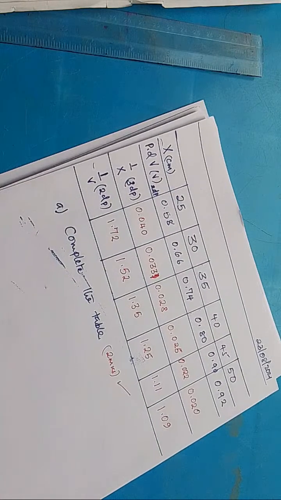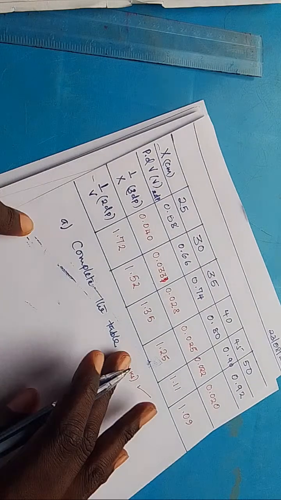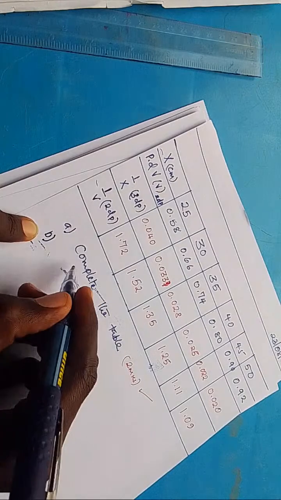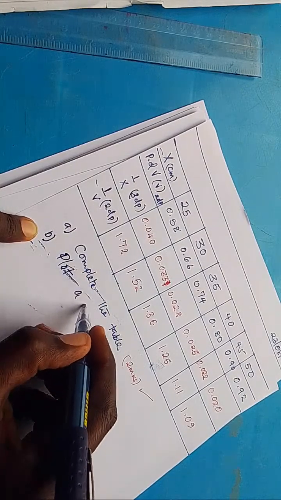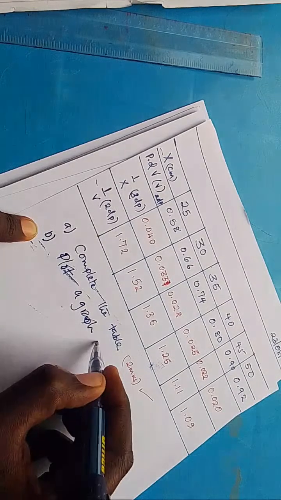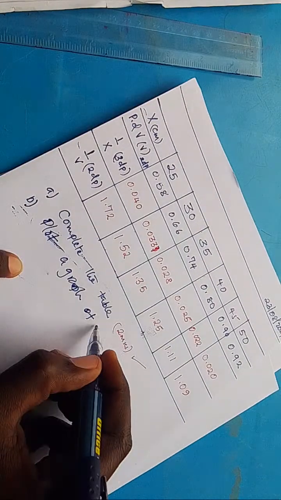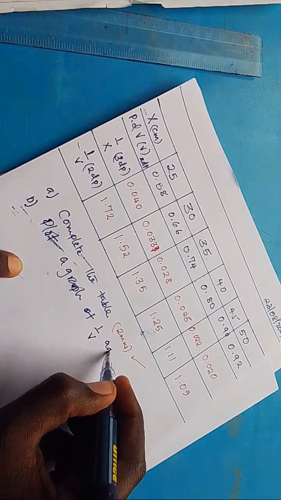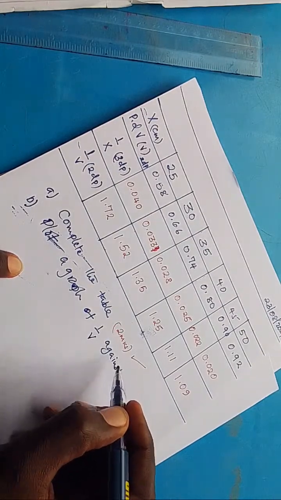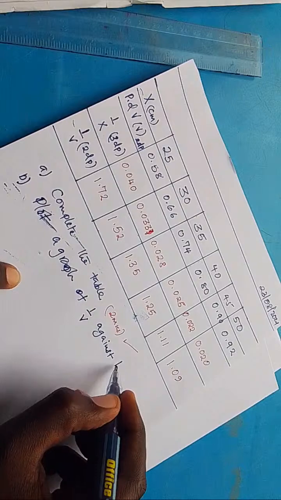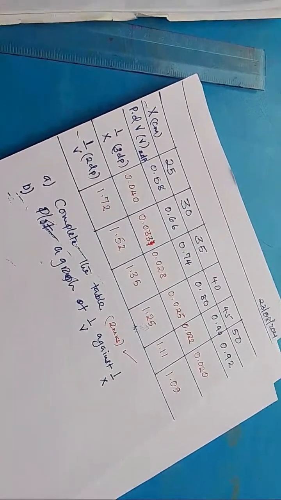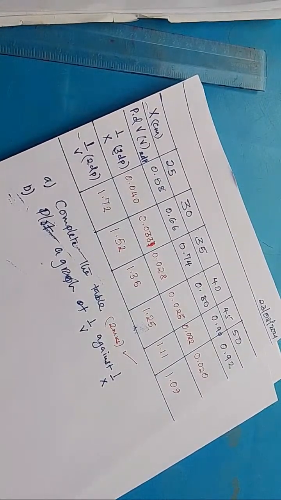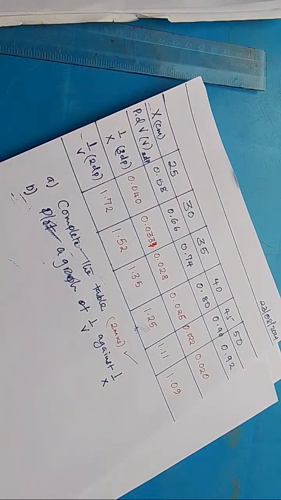So now, the next question is to plot a graph of 1 over v against 1 over x.